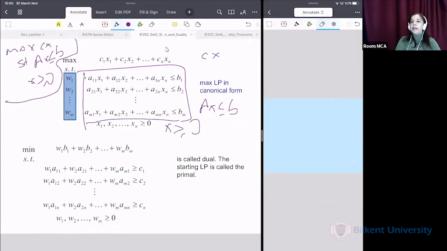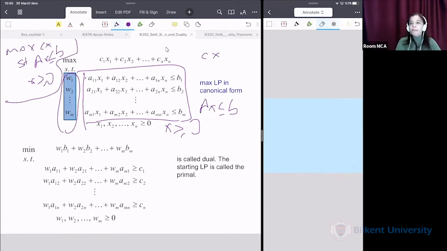Now, what we do in taking the dual, I told you, every LP has a dual. So let me teach you how to take the dual of a given primal LP. What we do is we come up with multipliers for each constraint. That was the motivation, right? We come up with a combination of the constraints so that we represent the objective function.